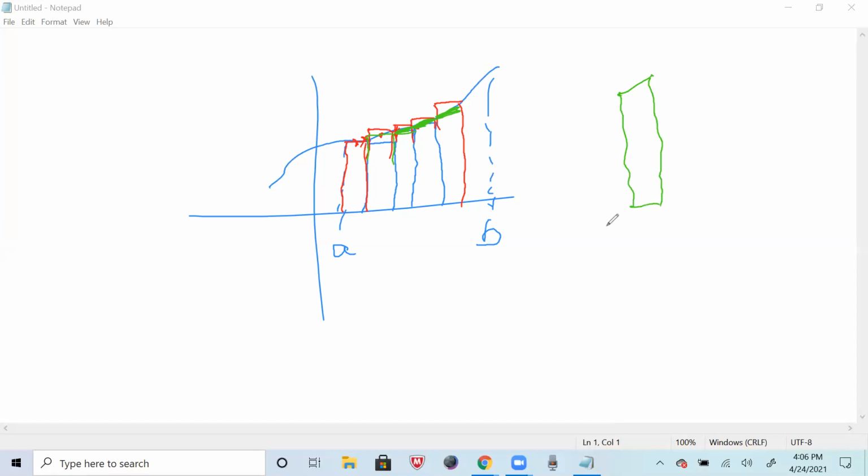The way you calculate the area of a trapezoid is (a plus b) over 2 times h. In other words, it's whatever the formula is for a trapezoid. Usually trapezoids look like this, but when you're talking calculus, they're always vertical. They're never going to look like this.